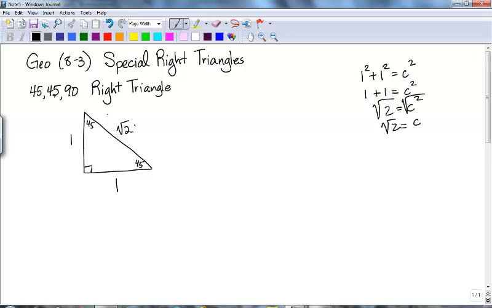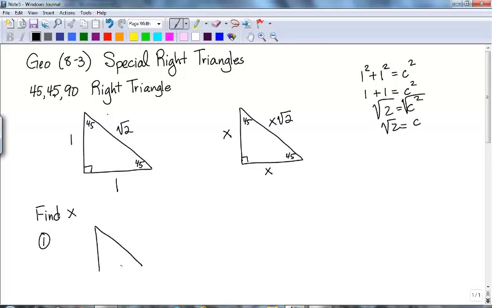What they do in geometry is we take the same right triangle, 45, 45, 90, and all we do is work with a scale factor. So if this is x and this is x, then this is x radical 2. Example, if they say to find x, they will usually give you a picture of a 45, 45.